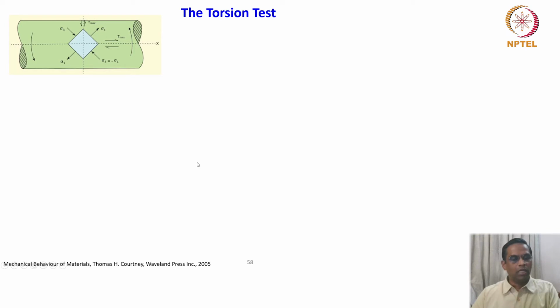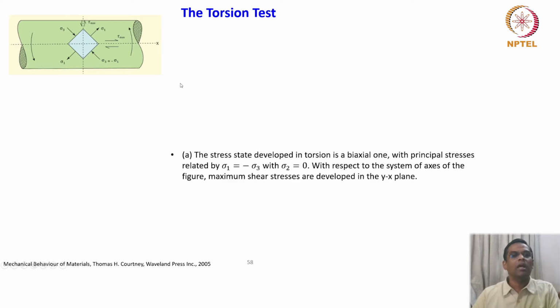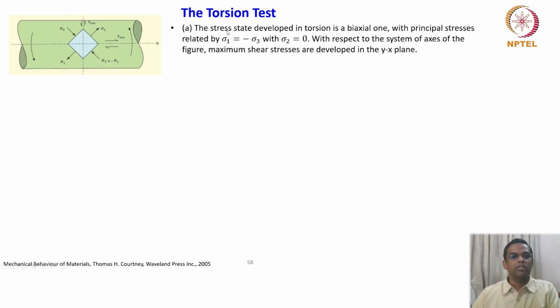Now look at the mechanics as usual, very important and interesting. The stress state developed in torsion is a biaxial one, very important, with the principal stresses related by sigma 1 equal to minus sigma 3, with sigma 2 equal to 0.